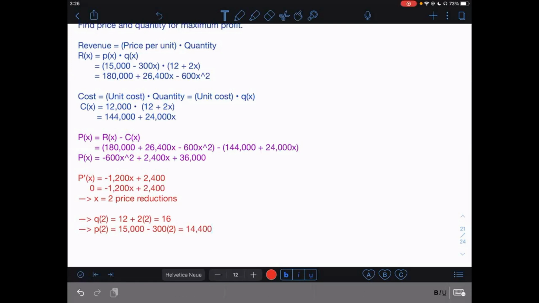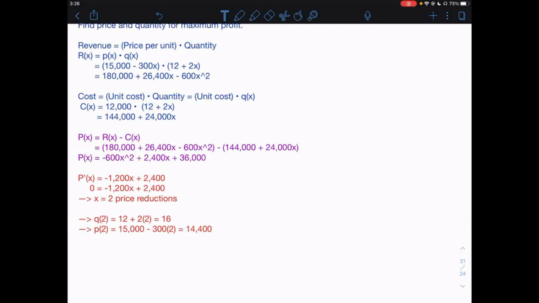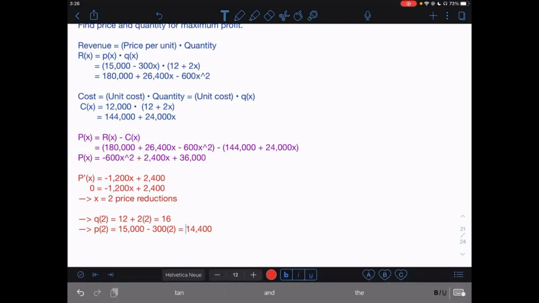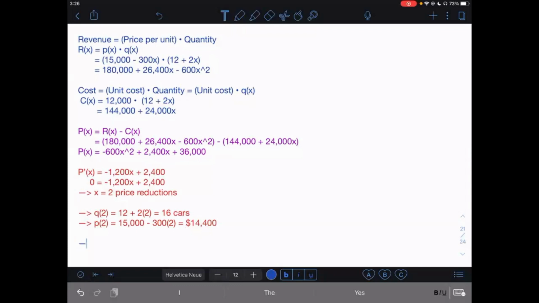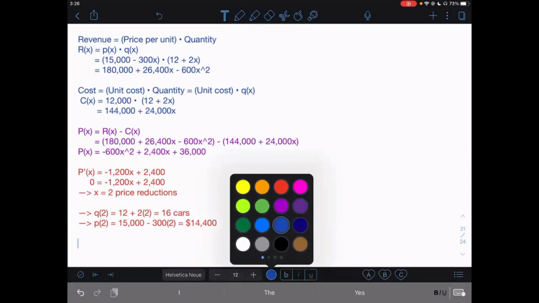Okay. So 14,400, meaning if we want to maximize our profit, we should set our cars at $14,400 each, which can allow us to sell 16 cars per day to give us a maximum profit.